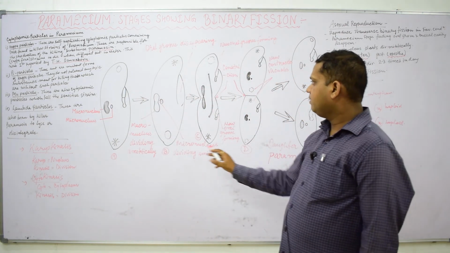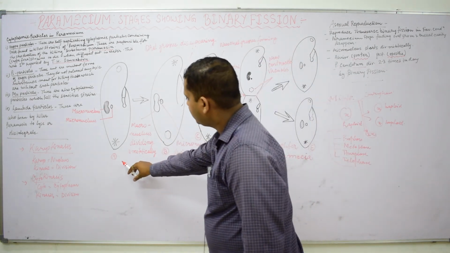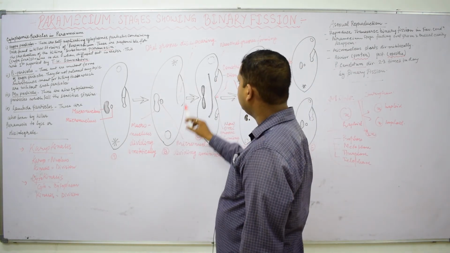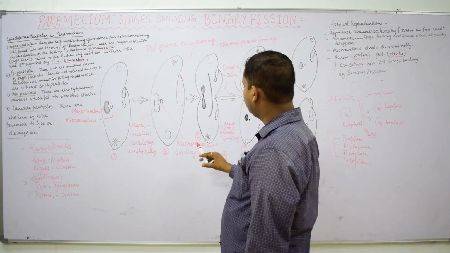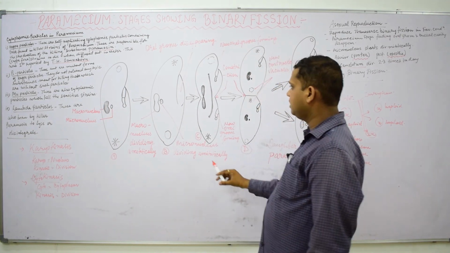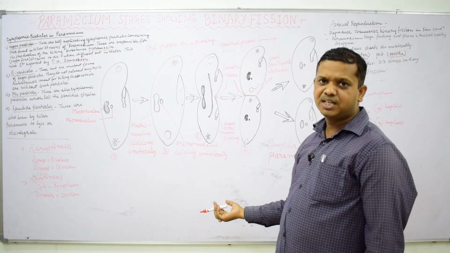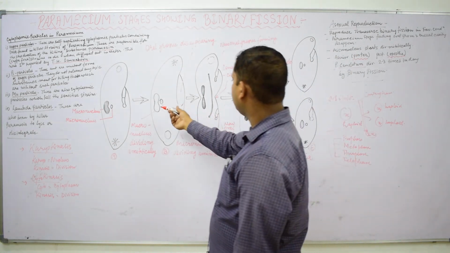In this diagram we have understood how the normal paramecium is subdividing: here the oral group is degenerating and disappearing, and the micronucleus is dividing mitotically, where cytokinesis and karyokinesis take place, basically karyokinesis.